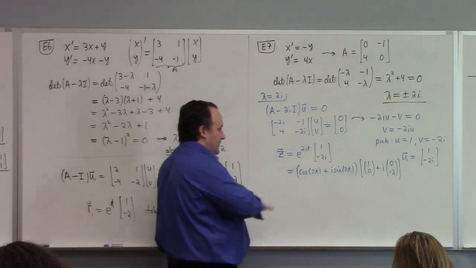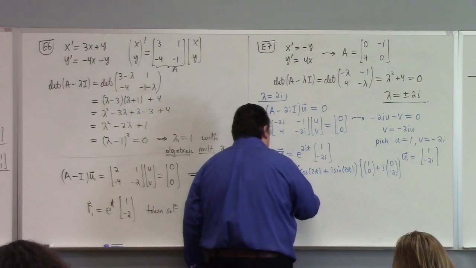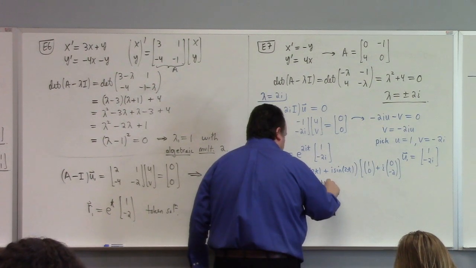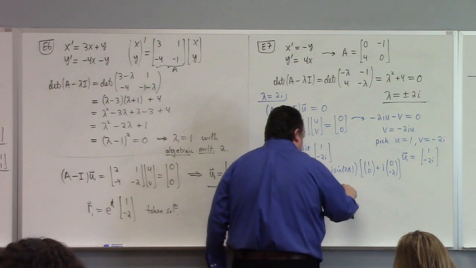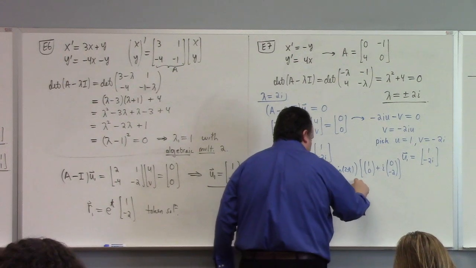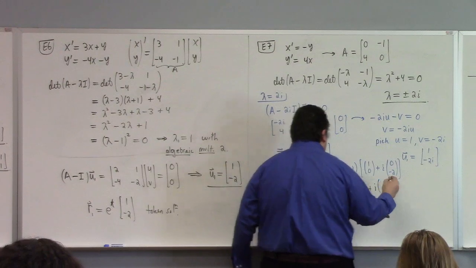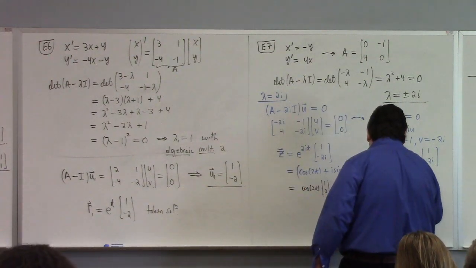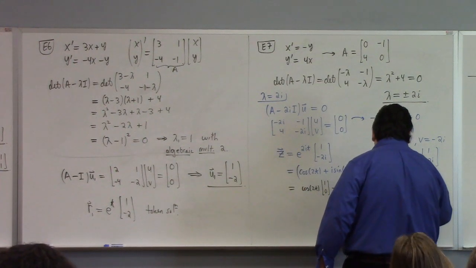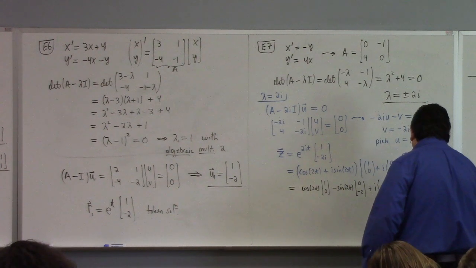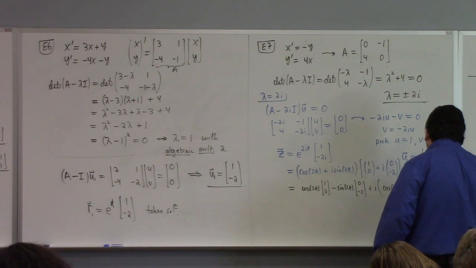And then if we multiply this out, what we got here is cosine of 2t times (1, 0) minus sine of 2t times (0, -2), plus i times [cosine 2t times (0, -2), plus sine 2t times (1, 0)].